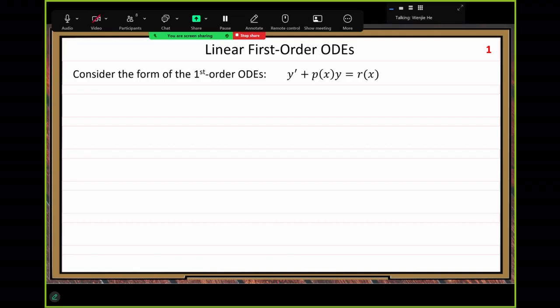Here you can have any P function. Actually, when we say any function, usually we mean a function that is good enough.